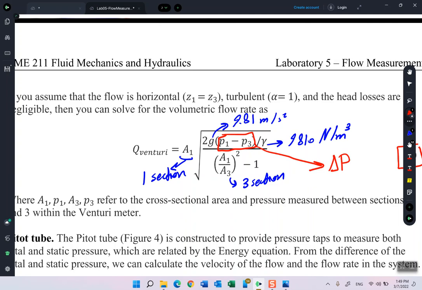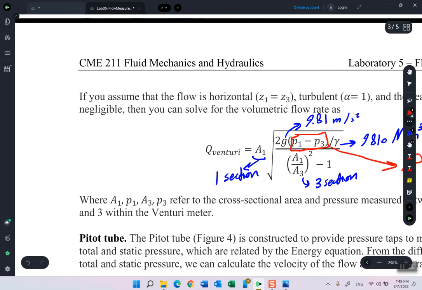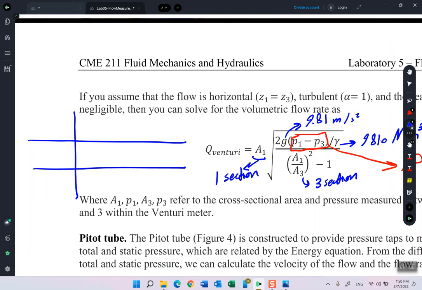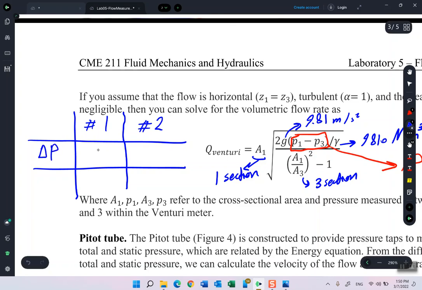To help you understand what I mean by linear, non-linear and fixed ratio, this is something you will really need in any other course. It's not related to hydraulics or fluids at all, but let's say we have two trials, just for the sake of the example. Trial number 1 and trial number 2. For trial 1, delta P was equal to P1, a certain value.